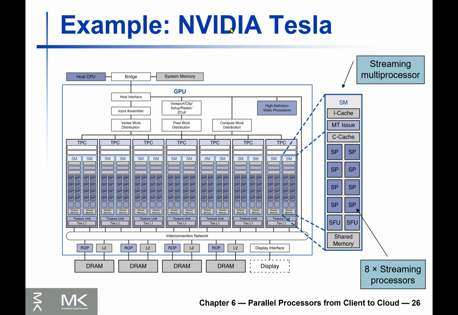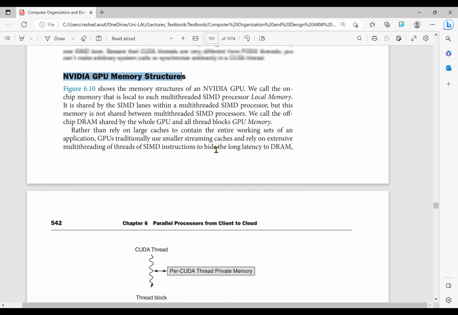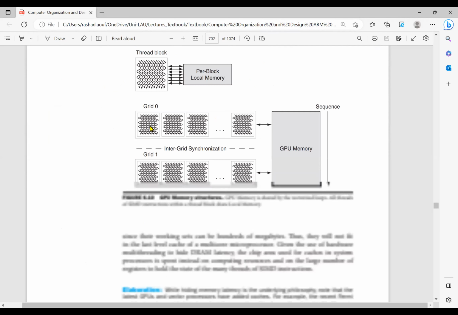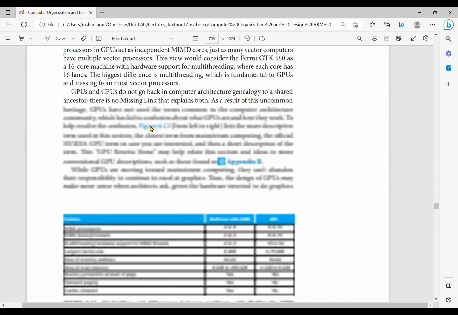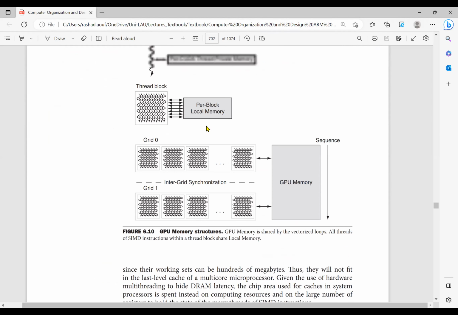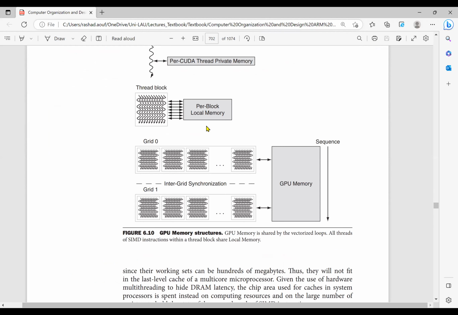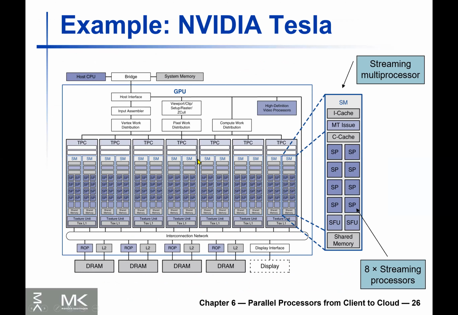I'll show you this example from the textbook, given here. Memory structure is here in the textbook, you can refer to it. Let me go back again. Here we can see how it's connected, how we have the streaming multiprocessor.